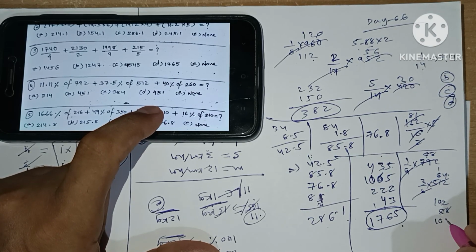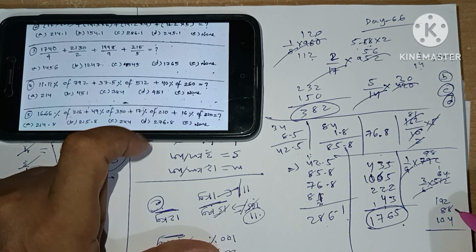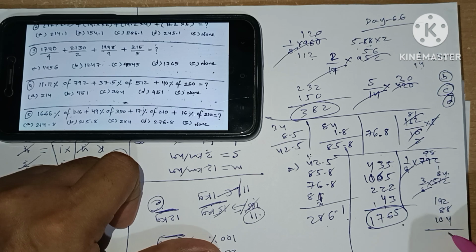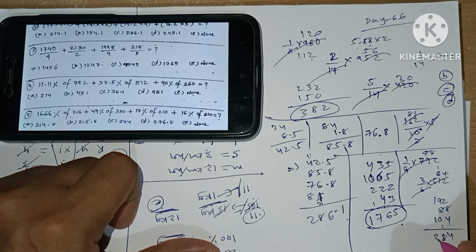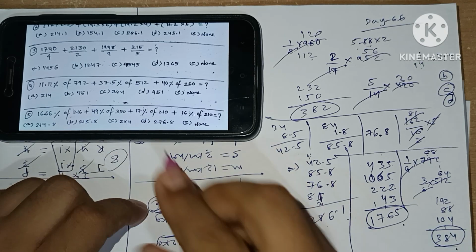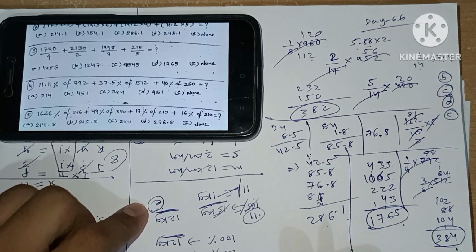The sum of all these three is our answer, which is 384. Option C is the answer.